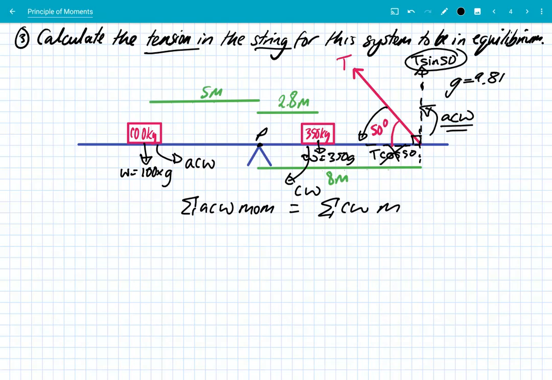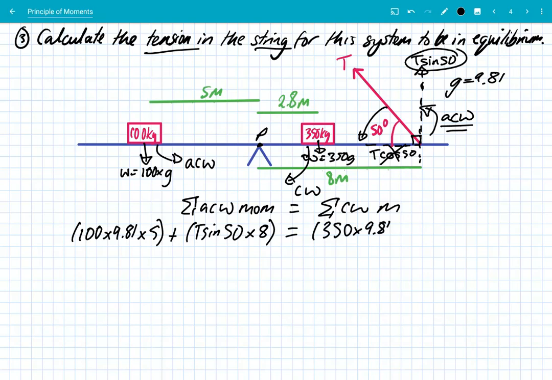So now all we have to do is solve the problem. We get 100 times 9.81, which is G, multiplied by 5, plus T sin 50 times 8, is equal to 350 multiplied by 9.81, which is G, times 2.8.